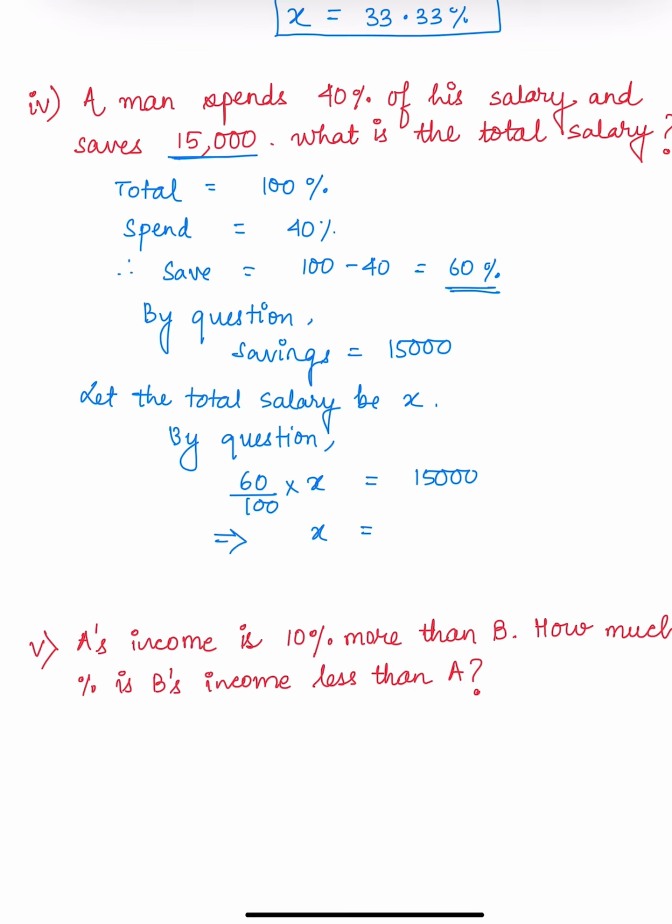So X will be 15,000 into 100 by 60. We can divide by 3, 5,000, 2, this is 5, so therefore it is 25,000. So the total salary of the man is 25,000.